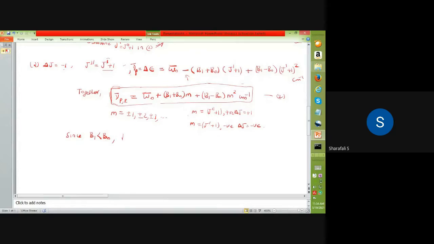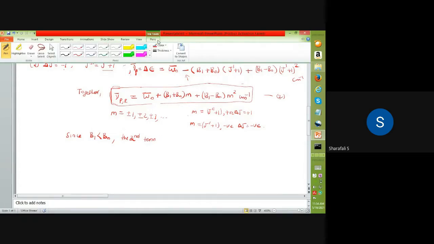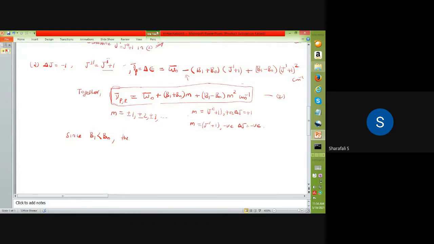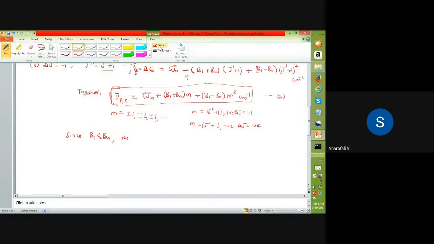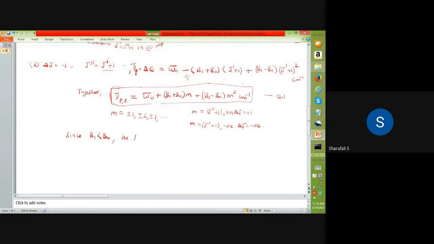So the last term in equation 2 will be always negative.